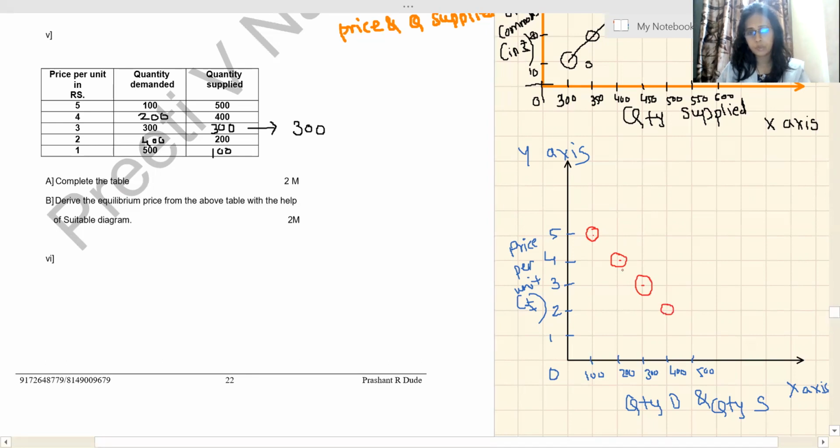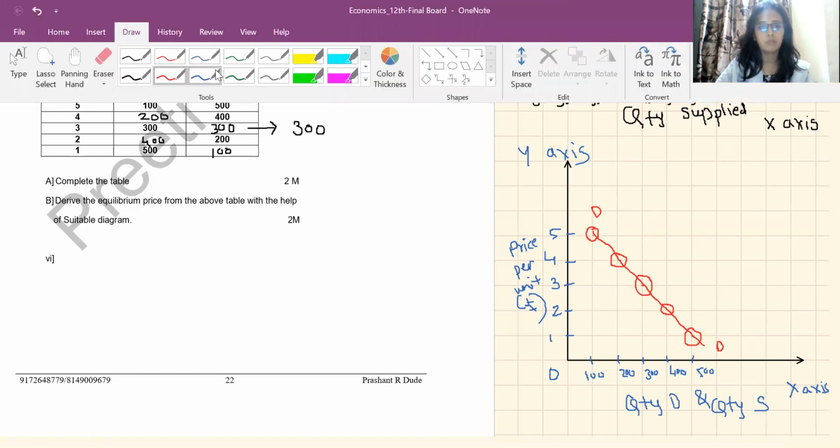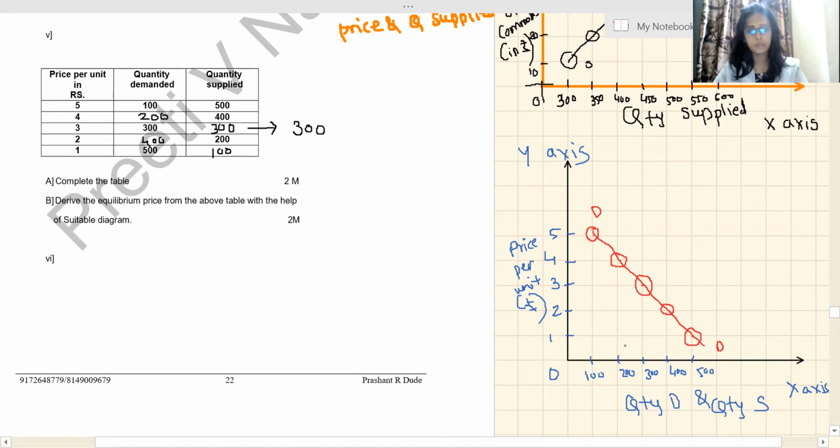And at rupees 1 my quantity demanded is 500. If I join these points, I will get D, which is downward sloping. Then we will draw the next diagram. See, quantity supplied, the SS curve I will draw. At rupees 5 my supply is 500 because the higher the price, the more the supply.